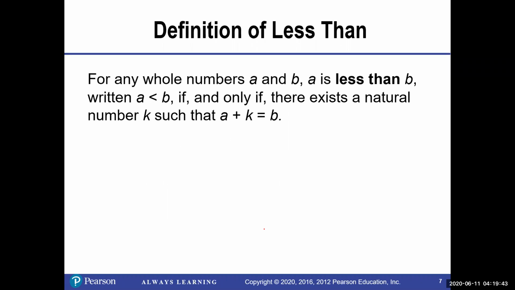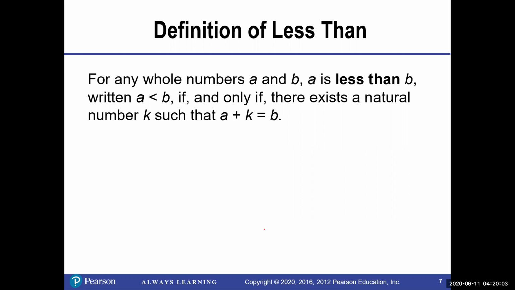Nice. Now, the definition of less than, for any whole numbers A and B. A is less than B if and only if there exists a natural number K such that A plus K is equal to B. Okay, let me explain that.